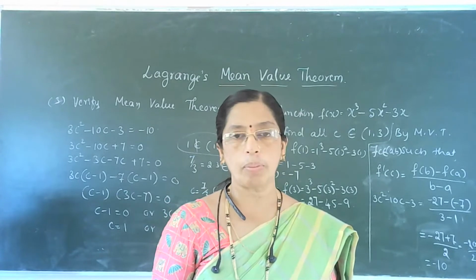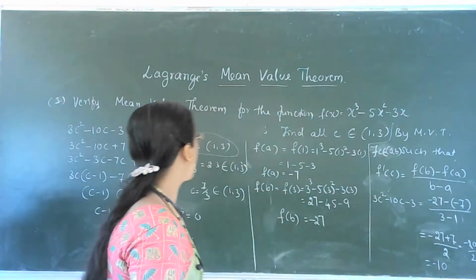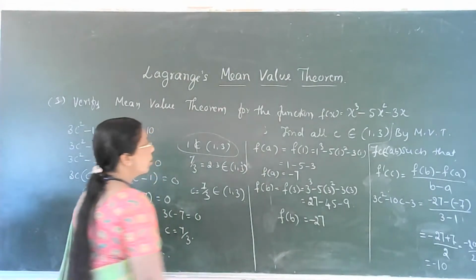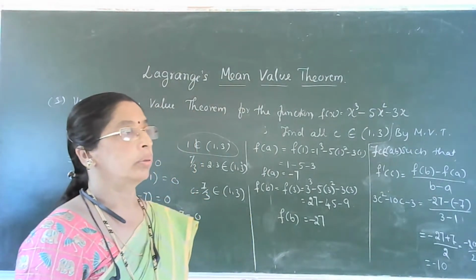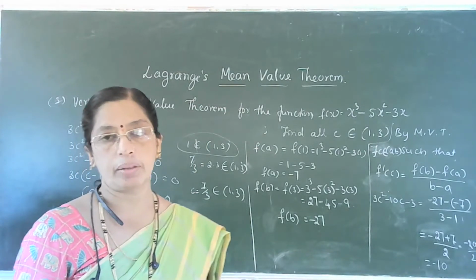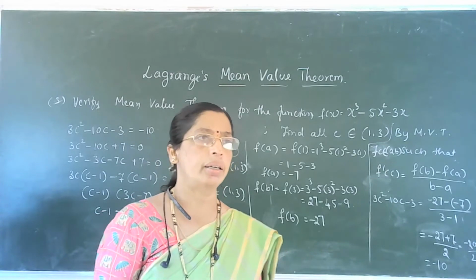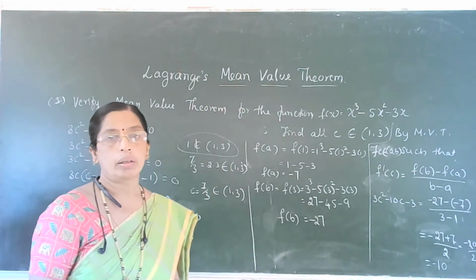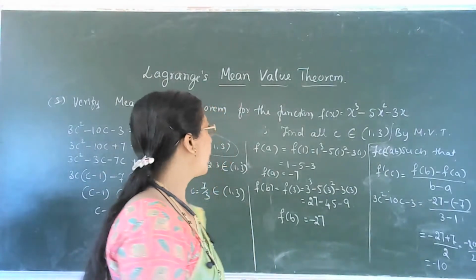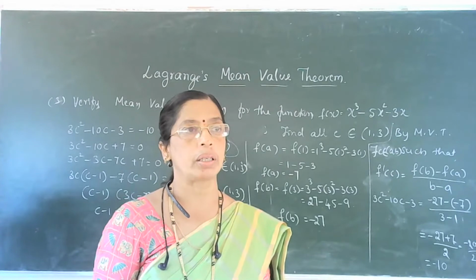You solve some other problems from other books. Some small problems are there, whether it is verified or not. Some are on the greatest integer function. We check the MVT theorem at any interval. We can't verify the MVT theorem because it's not a continuous function.